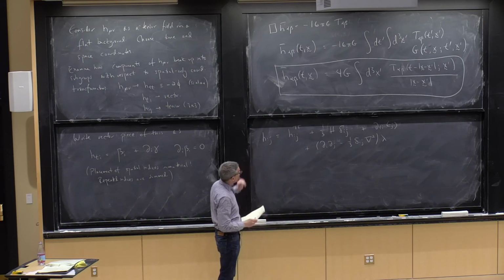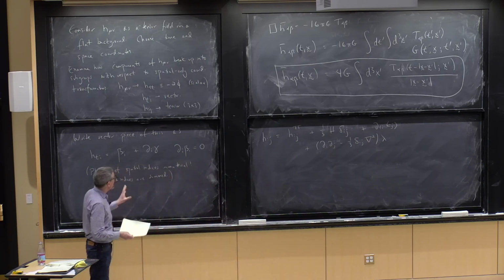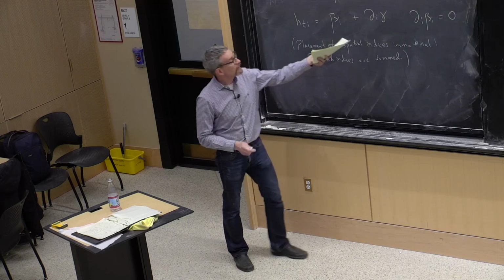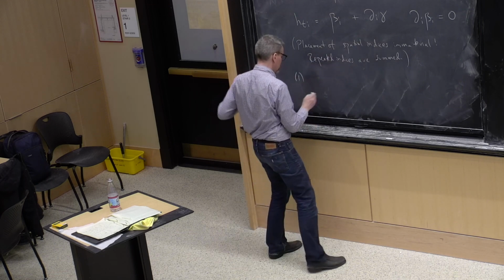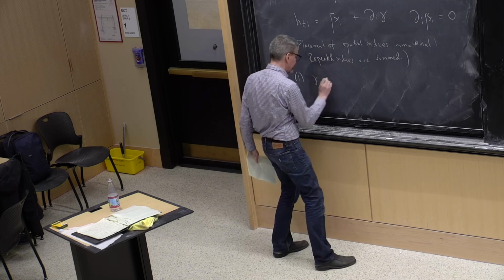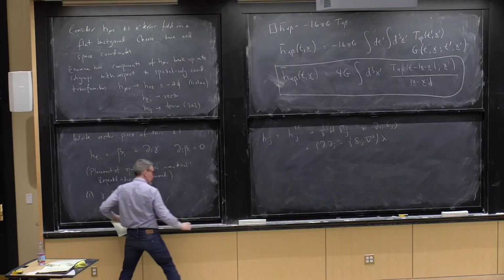So let me go through and describe what each of these things mean. And while I'm at it, let me count up the number of degrees of freedom associated with them. Let's back up for just a second and do that over here. Gamma is a scalar. So there's 1 degree of freedom associated with gamma. So that's 1 degree of freedom.